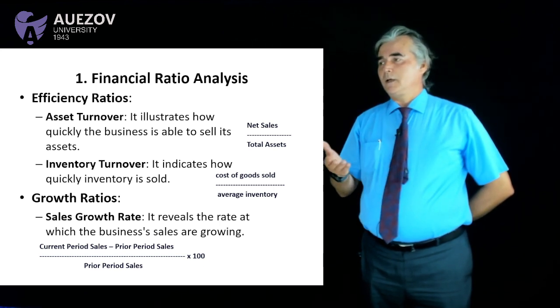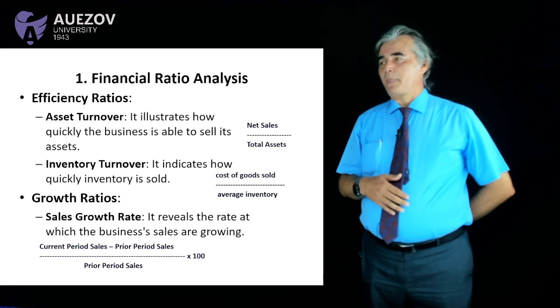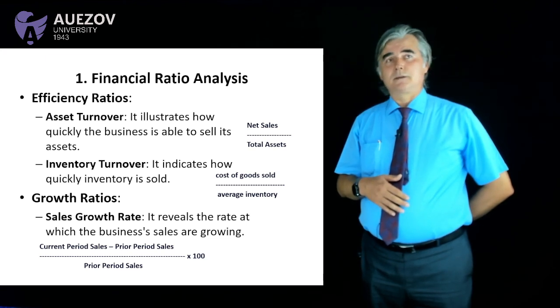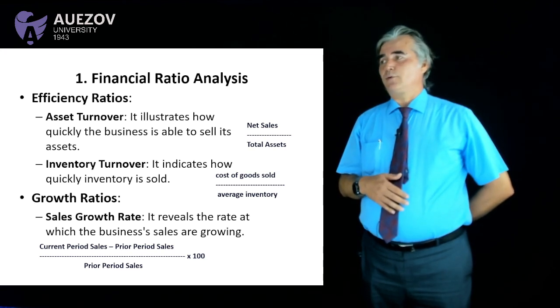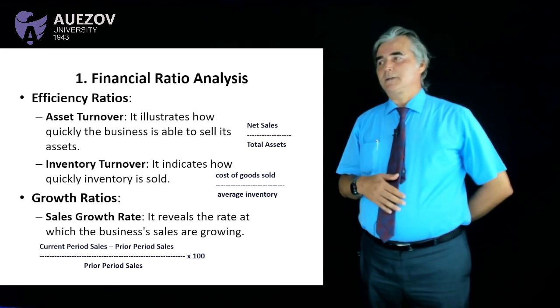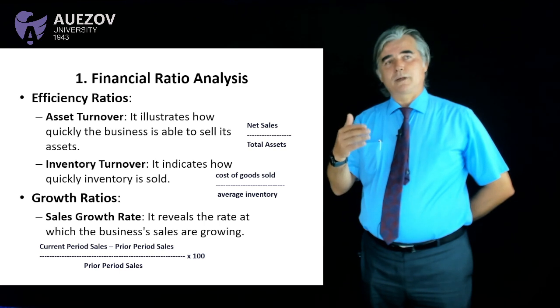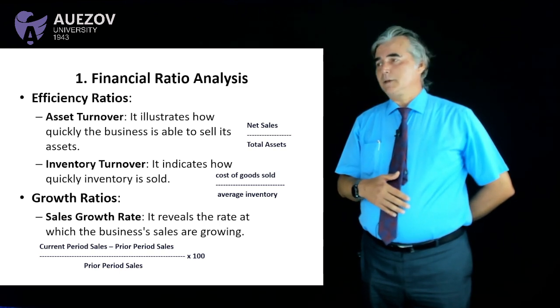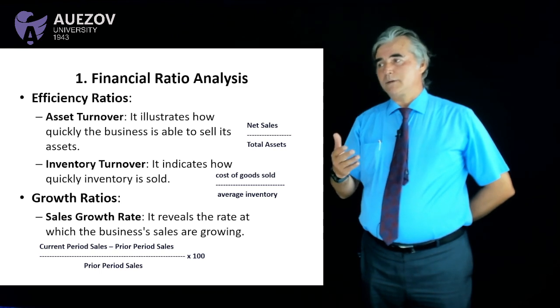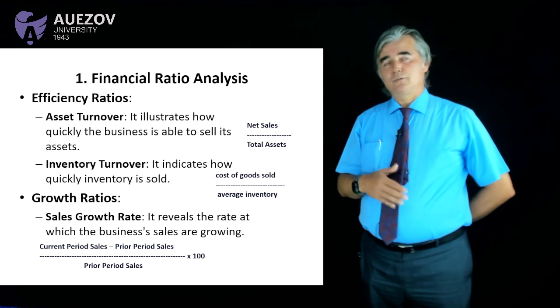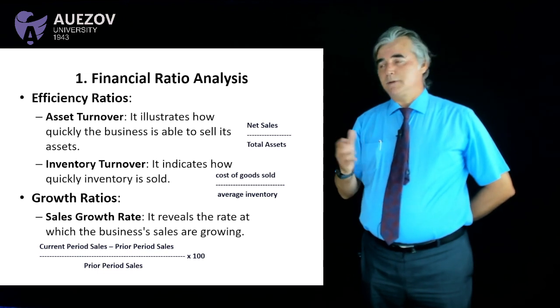I take one of the items, and this ratio reveals the rate at which the business sales are growing. If it is more than 100, it can be positive or negative, depending on the situation. Our comment is different.